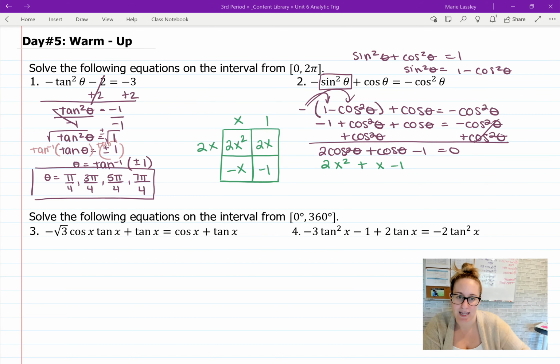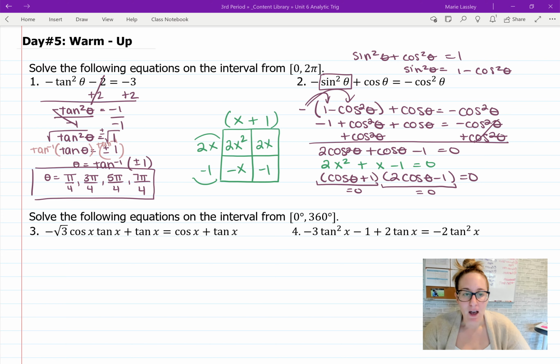All right, so now that the writing has caught up, we are going to set each one of our factors equal to 0, and we are going to solve.